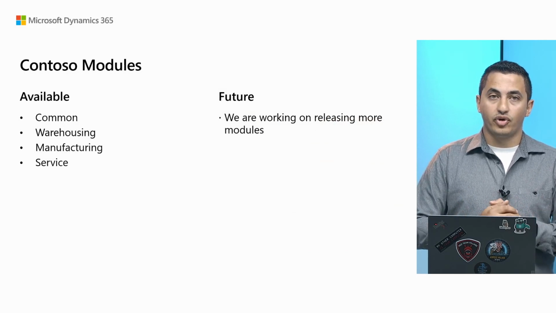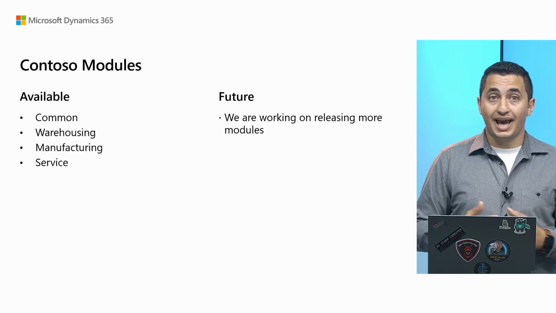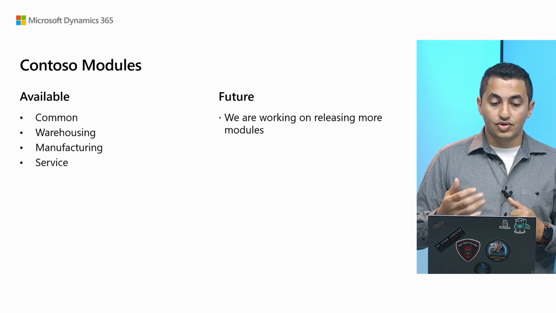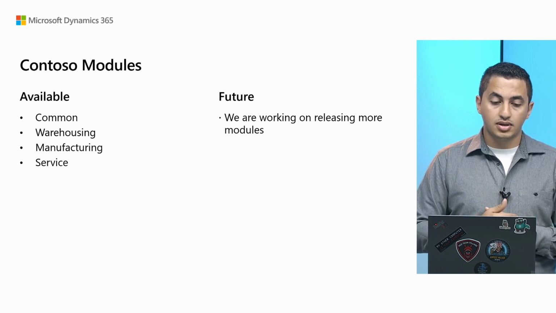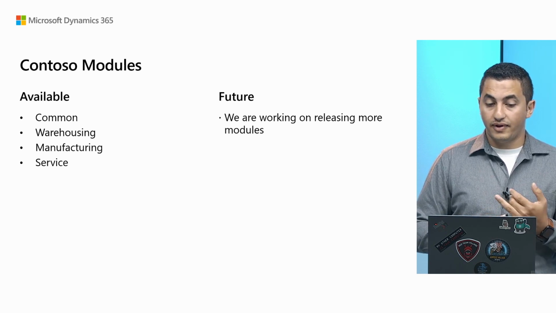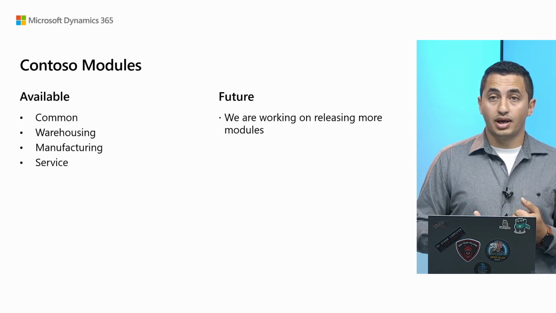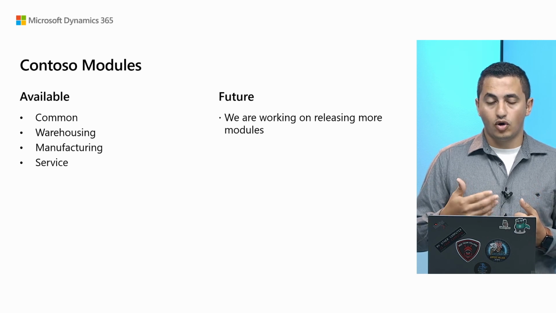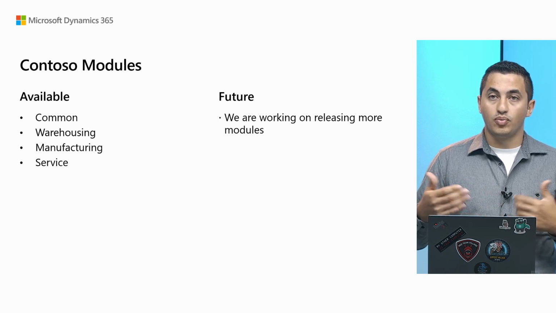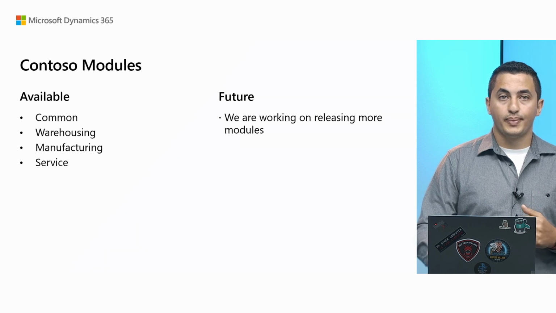We actually released it about two releases ago, and we already have some available modules. And in this release, we're even increasing the modules. So right now, we're going to have available: common, warehousing, manufacturing, service, and we are currently working on introducing more modules for Contoso.